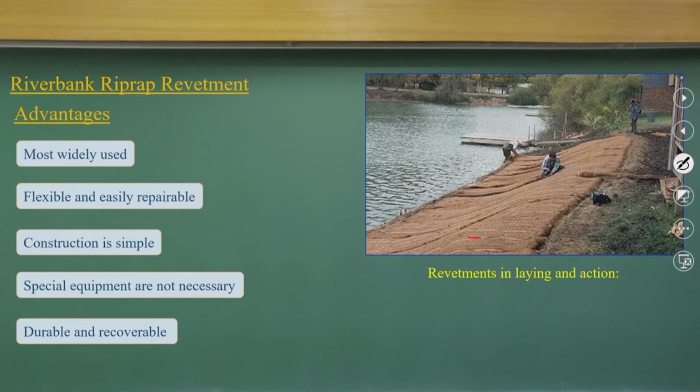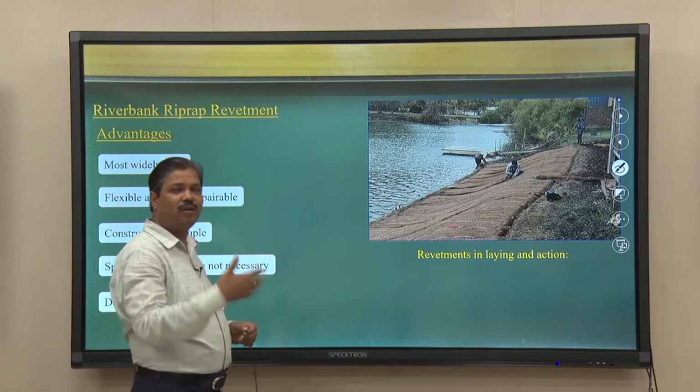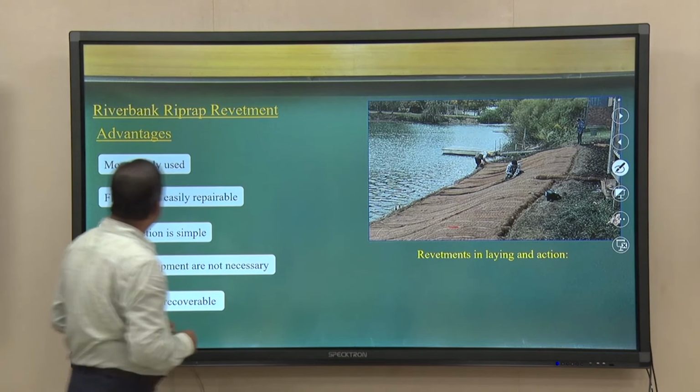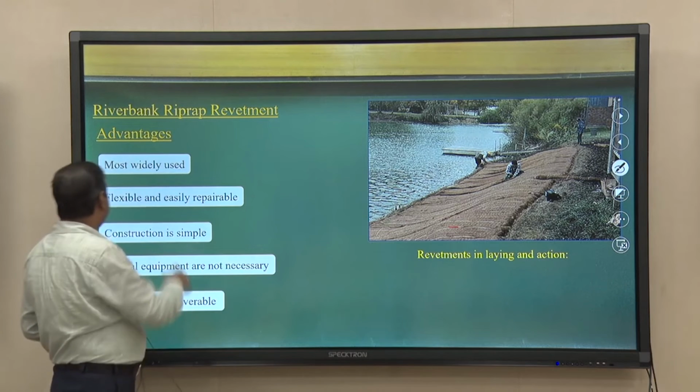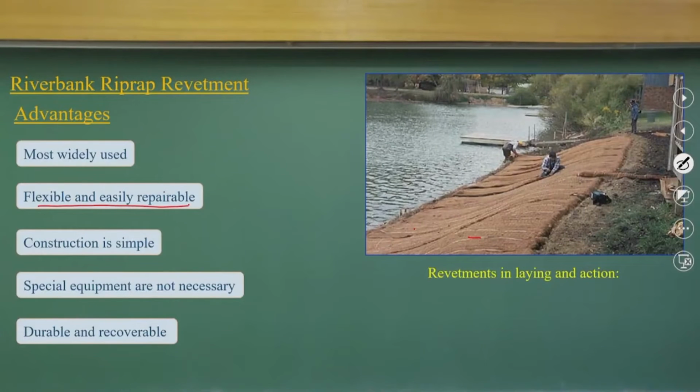So, there is not a single solution of the same type of river protection for all the rivers. That is the reason we should look at the advantages and disadvantages, because it should be flexible, construction should be simple, special equipment not necessary, and durable and recoverable.